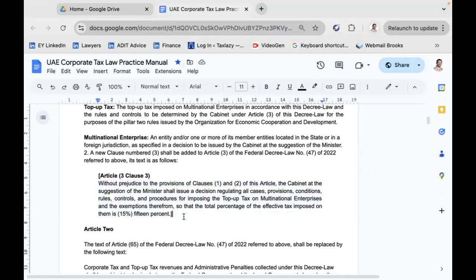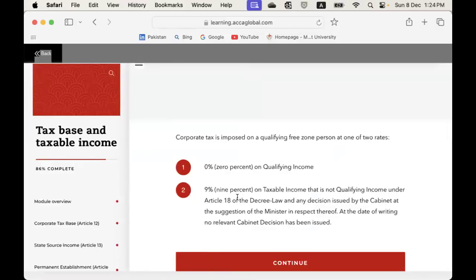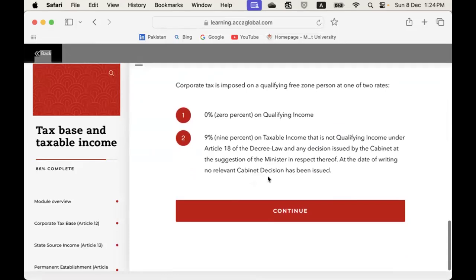A global minimum tax of 15% has been introduced. This is the third regime of tax. So now if anyone asks you how many regimes are there in the corporate tax law, 3 regimes are there: normal tax regime, qualifying free zone person regime, and top-up tax regime.